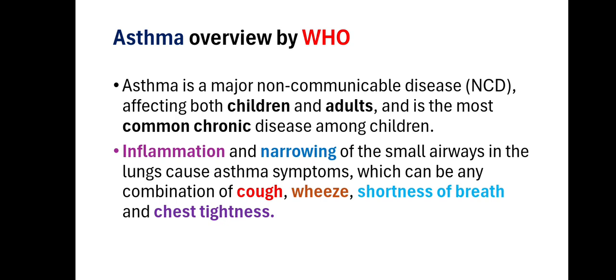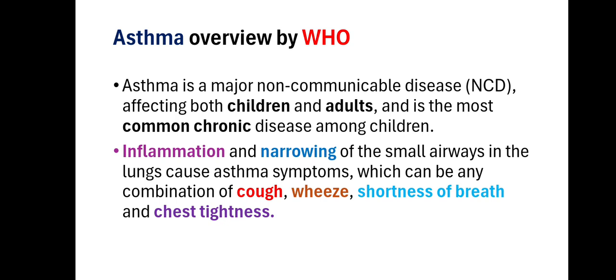The major thing that happens in asthma is the inflammation that leads to the narrowing down of the small airways. Due to this inflammation and narrowing down, we are going to look at the pathophysiology in a simpler way.